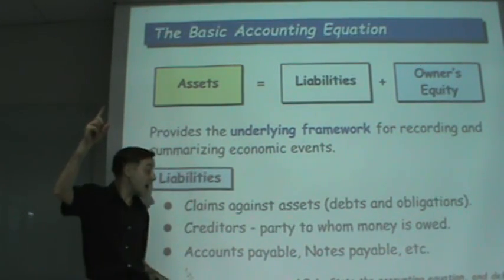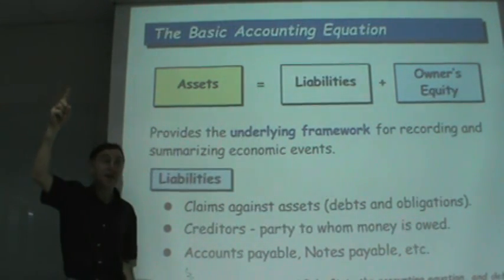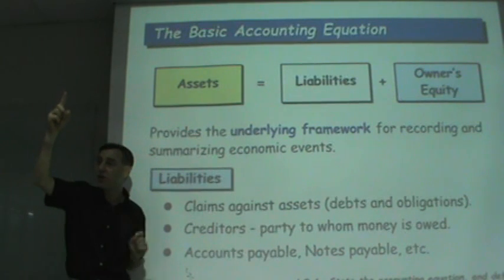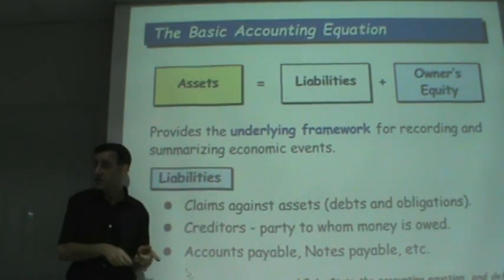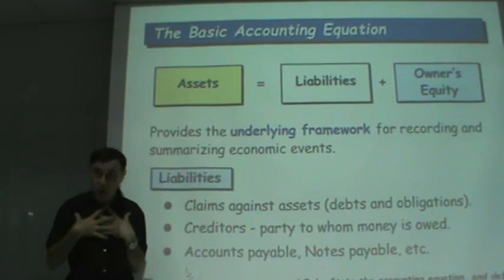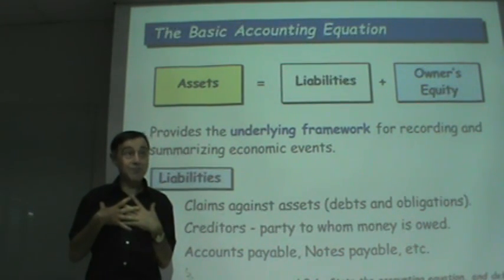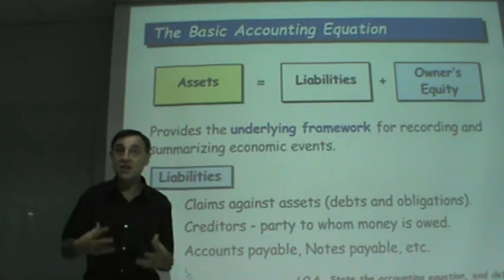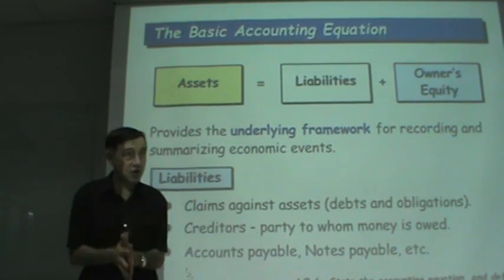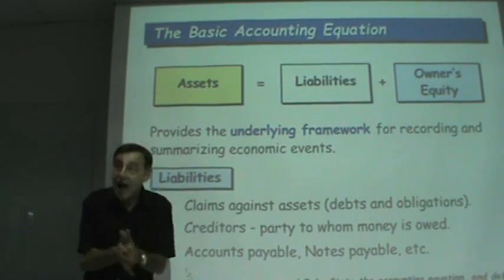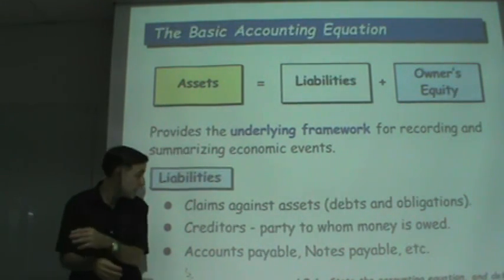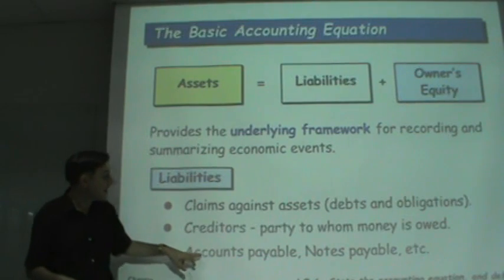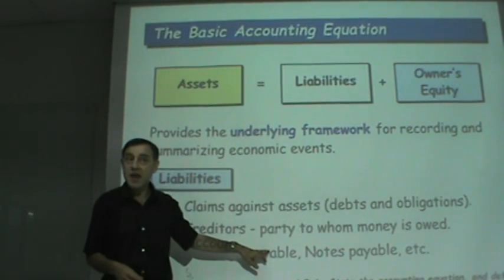But in the meantime, the electric company is a supplier of electricity to the university. Okay? We, workers, employees, are suppliers of labor on credit until the end of the month when the university pays us. Okay? And you also have accounts payable.